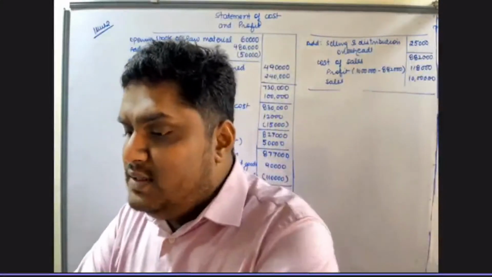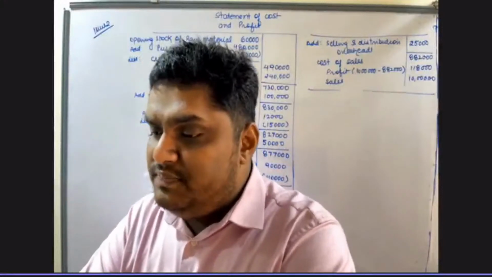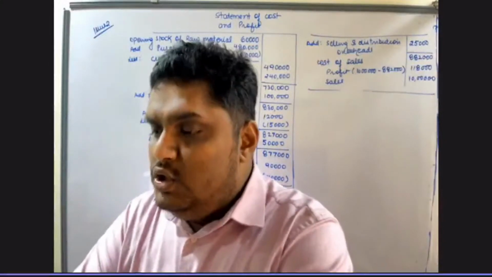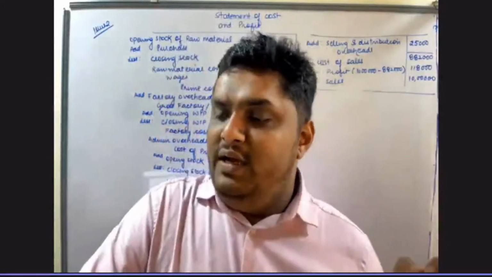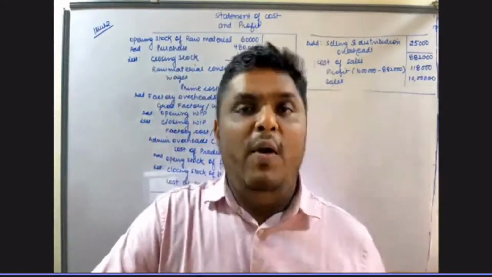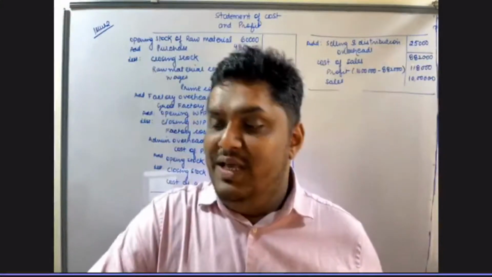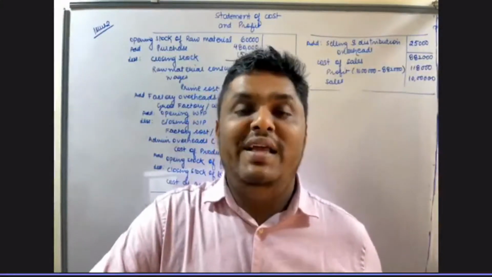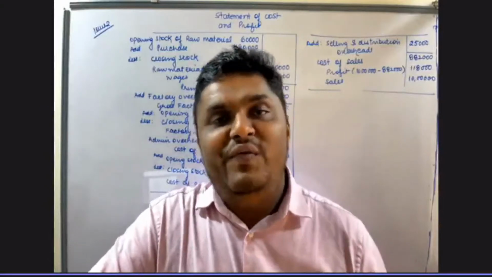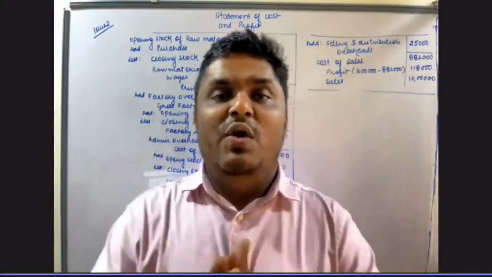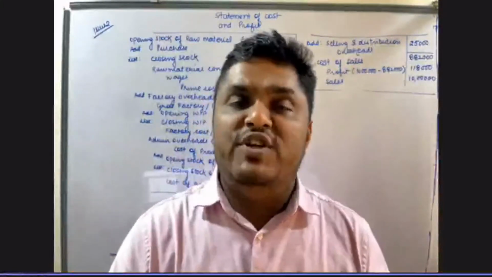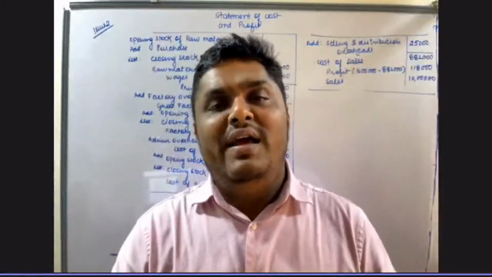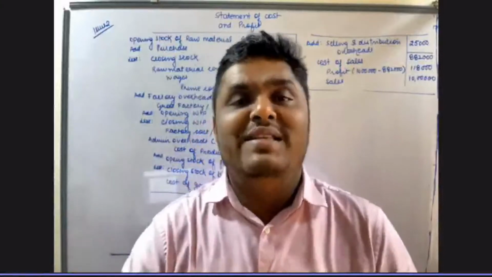Palak sir, quality control cost. Herein, the first point is expenses paid for quality control. So it will form part of quality control cost. Salary paid to quality control staff, again, will form part of quality control cost. So in simple terms, if the examiner asks any information related to quality control or material used for quality control, it will form part of quality control cost. Don't worry, the examiner will give some hint in the question that this is more or less related to quality control.